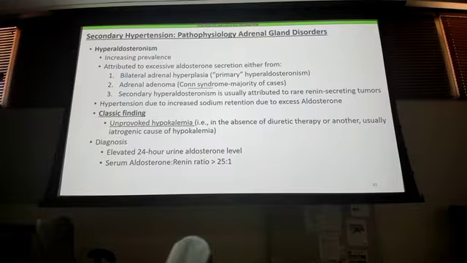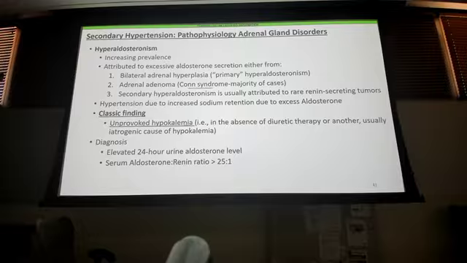So it just continues to secrete it. It causes the same effects that aldosterone does, where it acts on the kidney to reabsorb sodium and water at the expense of dumping potassium. And because you have this unregulated dumping of potassium, you tend to get unprovoked hypokalemia.